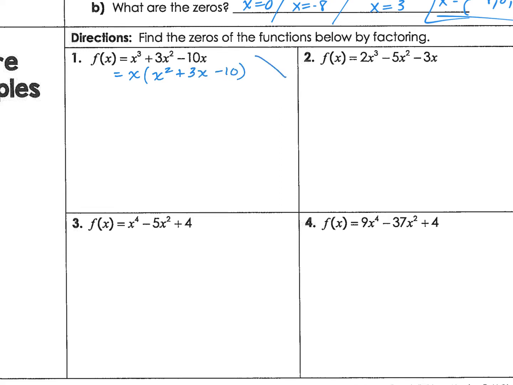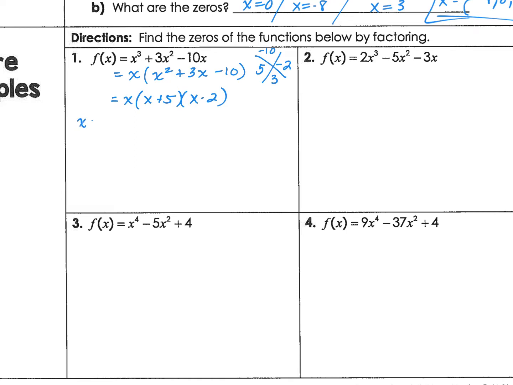All right, so we're going to go over here and we're going to say negative 10, but adds up to 3. What two factors multiply to give me negative 10, but add up to positive 3? Positive 5 and negative 2. So that means this is x times what? Yeah, x plus 5 and x minus 2, correct? All right, so what do I need to do next?